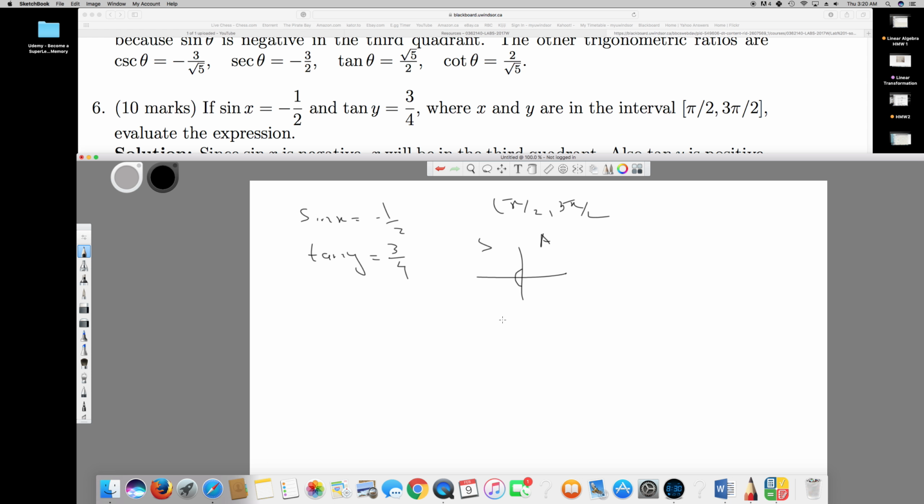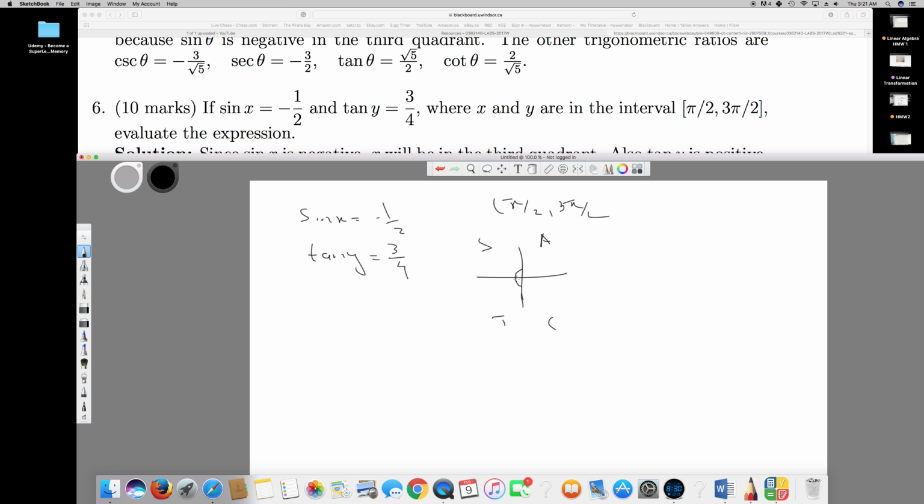In the third quadrant sine is negative, and in the fourth quadrant sine is also negative. Tan is positive in the third quadrant and negative in the second quadrant, and they have given the positive value, therefore we have to put this value in the third quadrant.